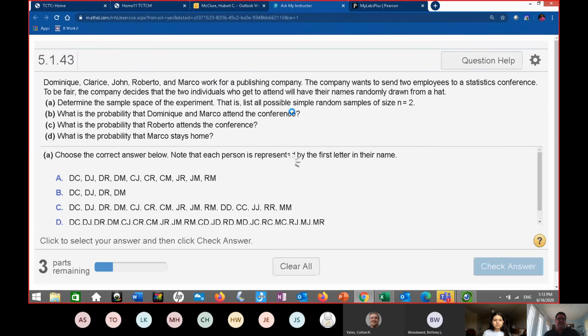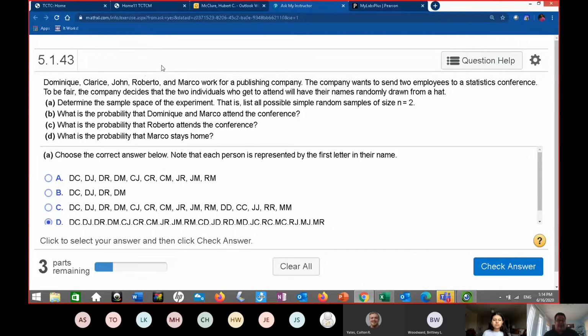Yeah, this is a standardized test question, but not a Hubert test question. Now, they should put in here, do not include overlaps, okay? Because Dominique and Roberto is the same as Roberto and Dominique. You see what I'm saying?